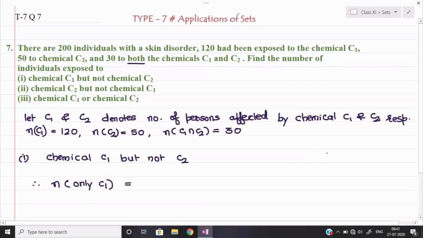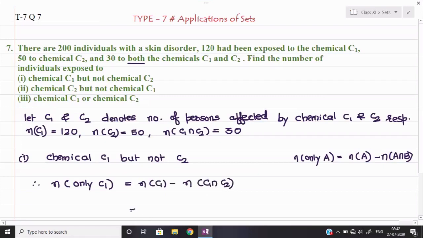Now I have given you the formula: N of only A is N of A minus N of A intersection B. You can check this formula in the list of formulas. So N of only C1 is equal to N of C1 minus N of C1 intersection C2.